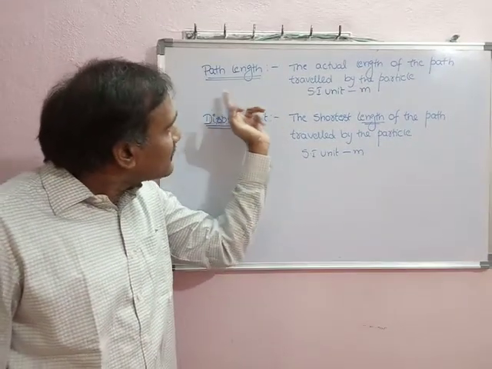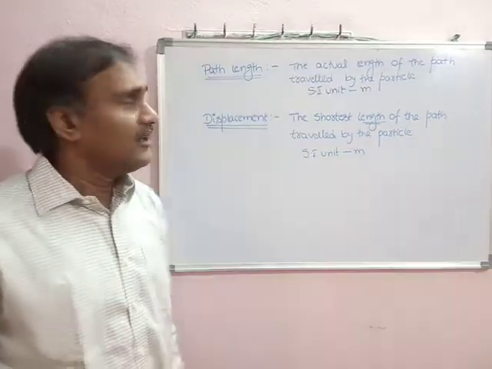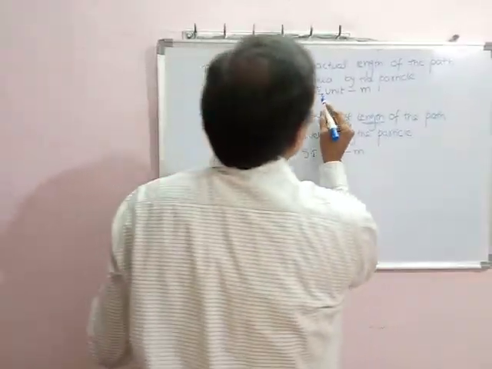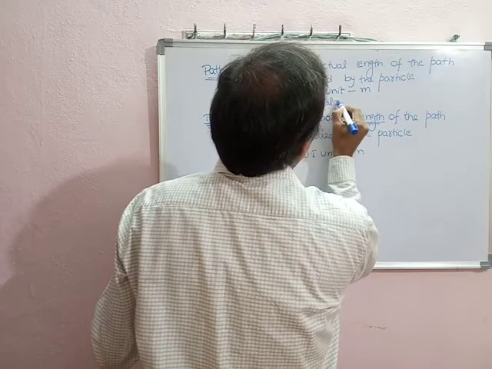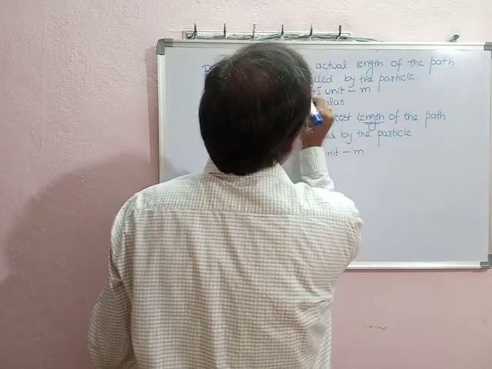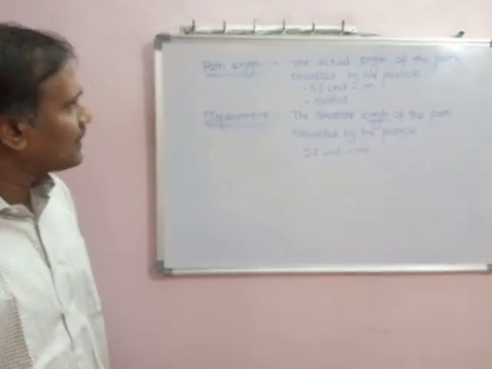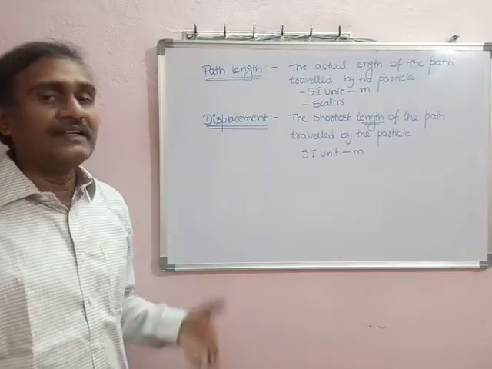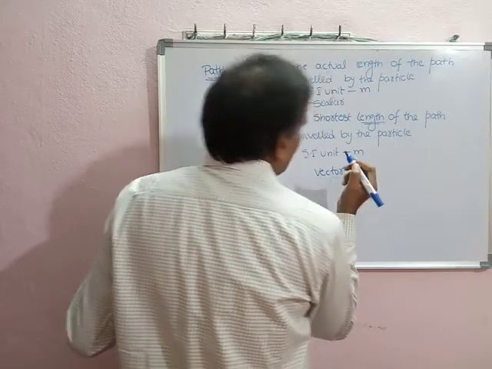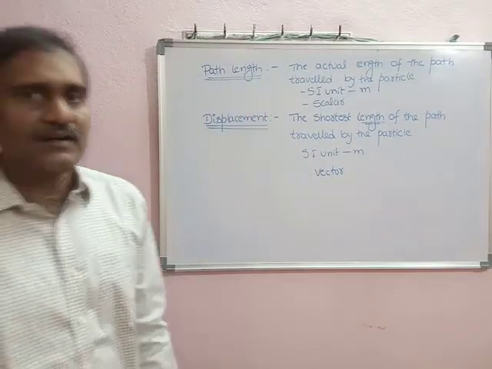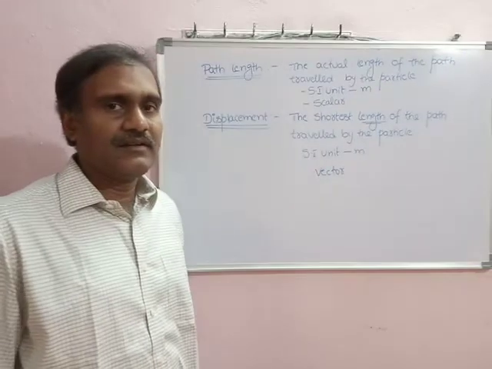While describing the path length, we are not considering the direction of motion. Therefore, path length is taken as a scalar quantity. But displacement is a vector quantity. What is meant by a vector?